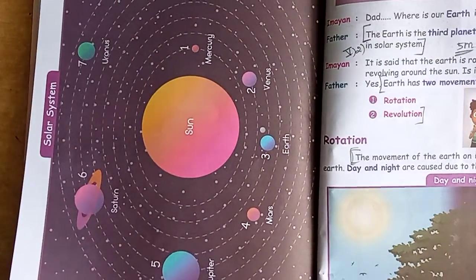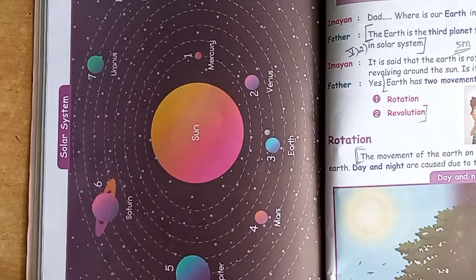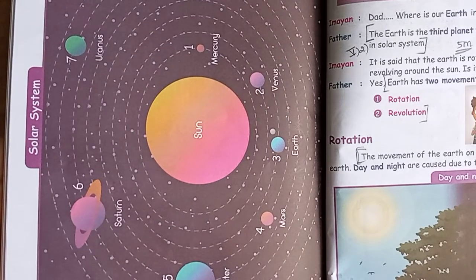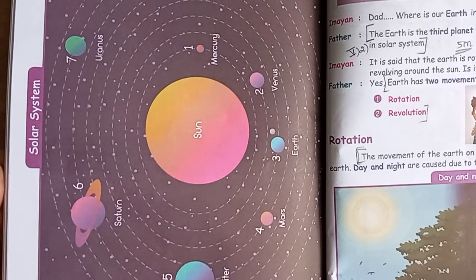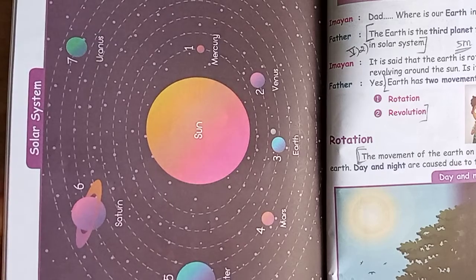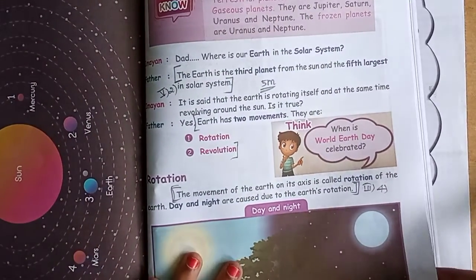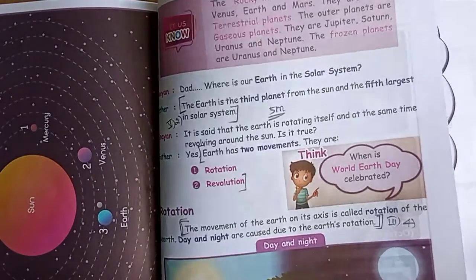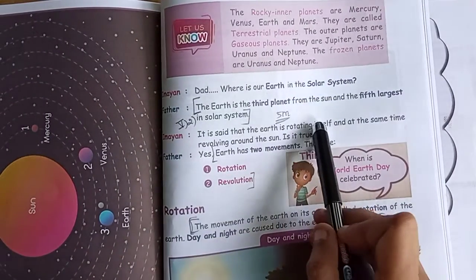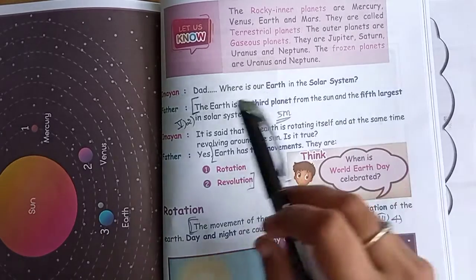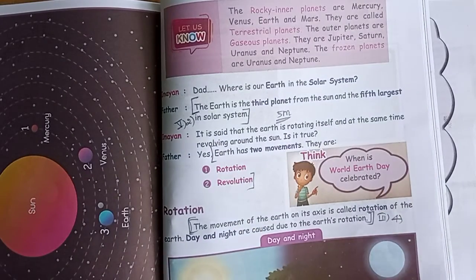Then we saw the solar system diagram and its planets, which are rotating and revolving around the sun. Where is our earth in the solar system? Earth is the 3rd planet from the sun and the 5th largest in the solar system.